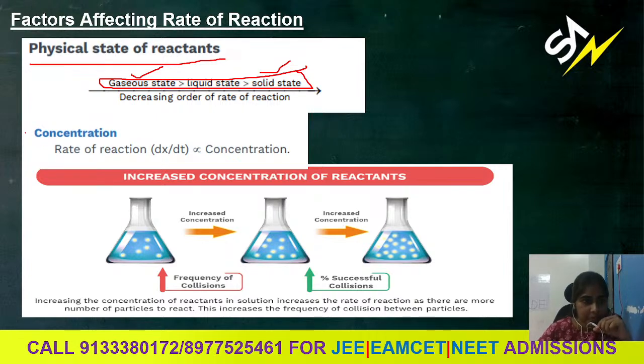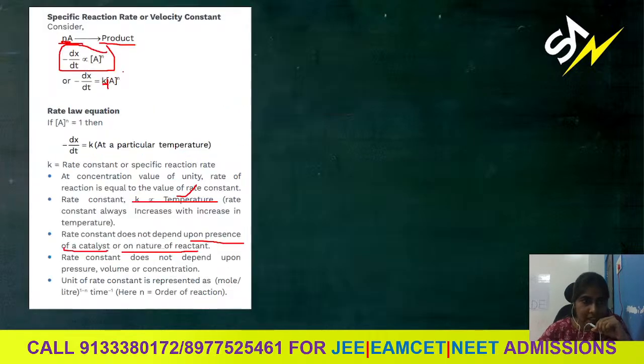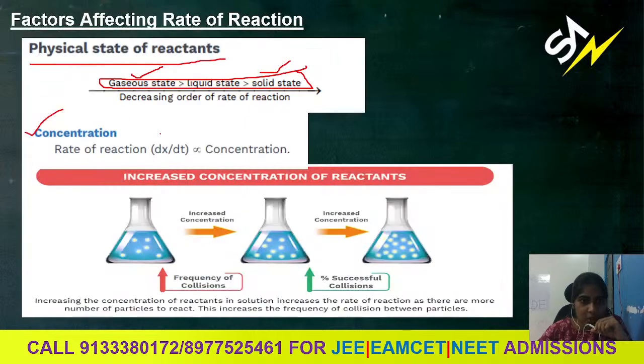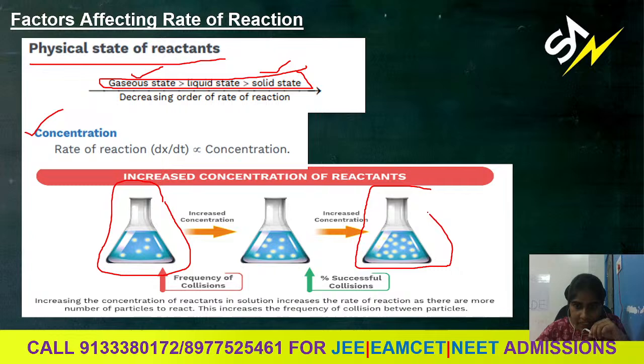Let's see another factor, that is concentration. The rate of reaction is directly proportional to the concentration, as we have seen here. This means if the concentration increases, the rate of reaction also increases. We can say in this first peak the concentration is less, and in this peak the concentration is more.